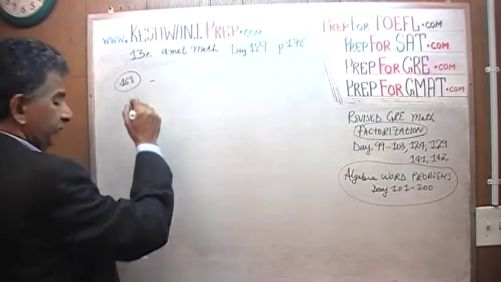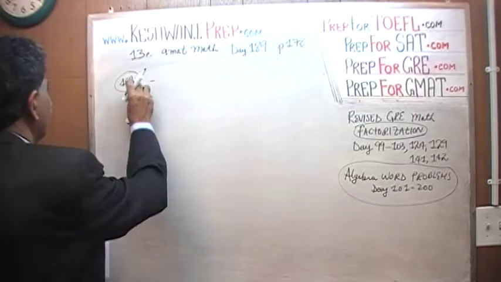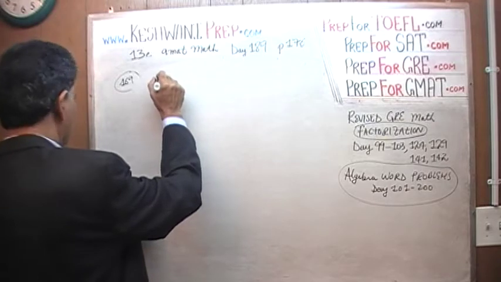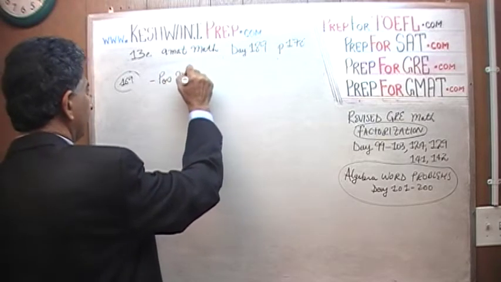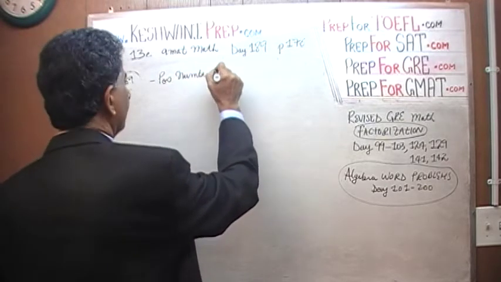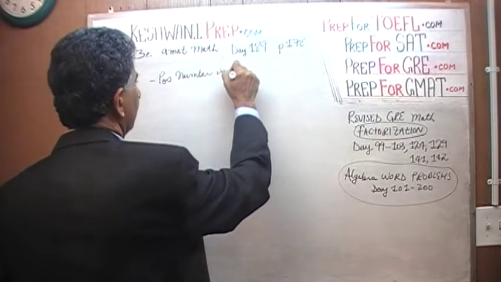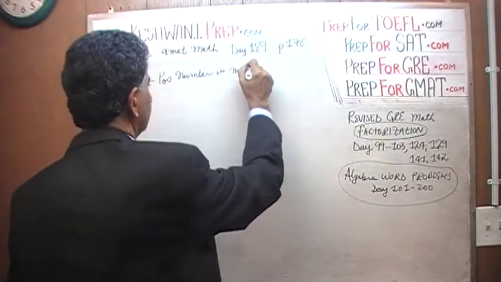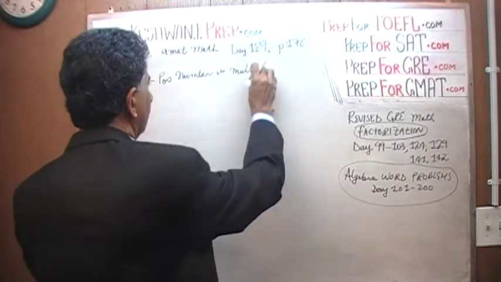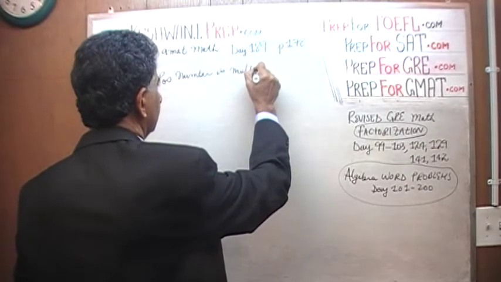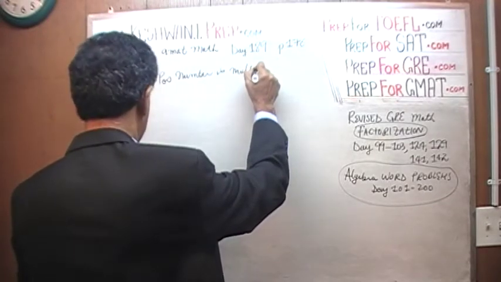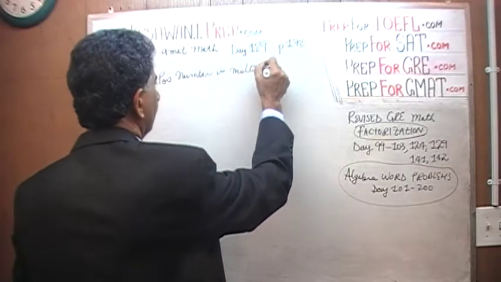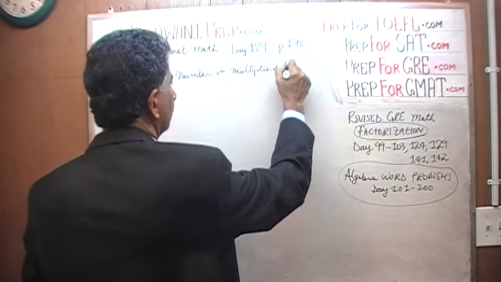In 169, we are told that we have a positive number that is multiplied by 2.